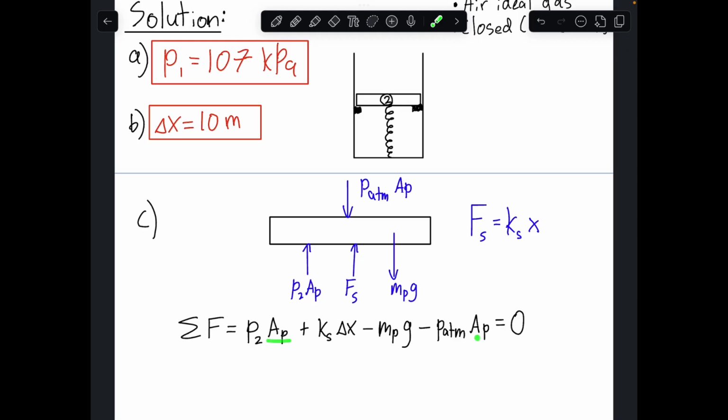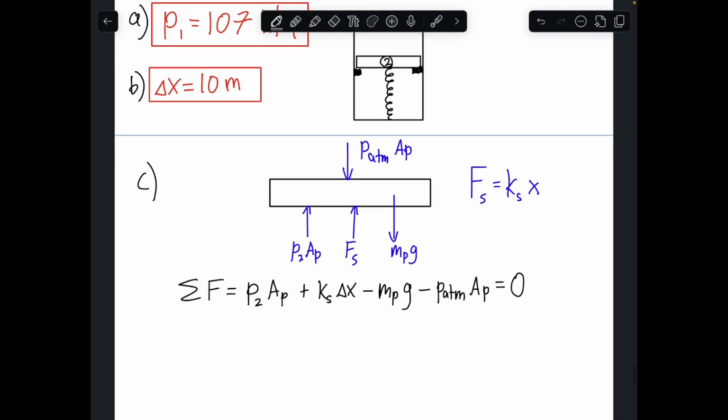So let's see, the area of the piston is known, the atmospheric pressure is known, the mass of the piston, gravity is known, the spring constant was given, and delta X we just found from the last part of the problem. So we have everything except P2, and we can just rearrange this equation for P2. So I'll just do it in one step here.